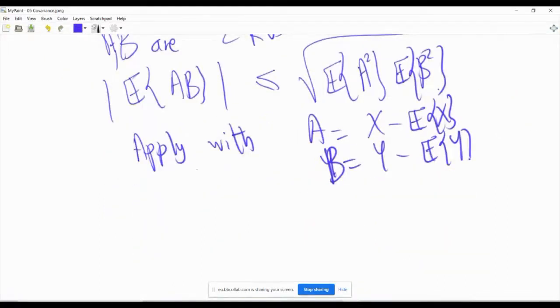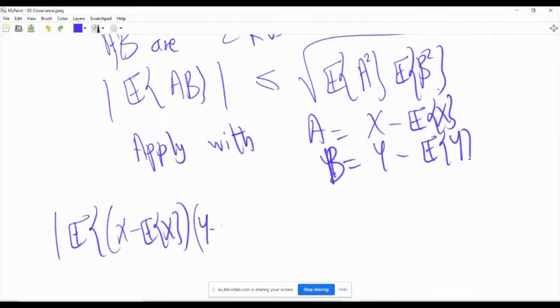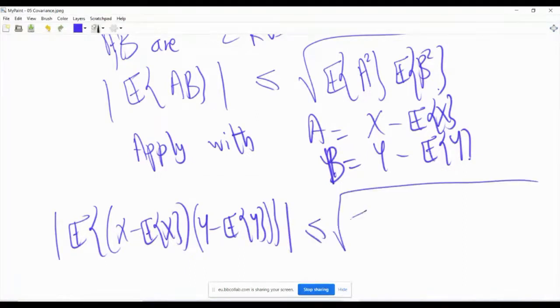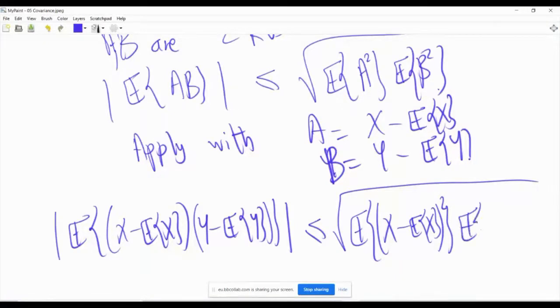Okay, so what we can do is apply this to the expectation of x minus expected x. This is my first random variable. My second random variable is this one here. According to the Cauchy-Schwarz inequality, this is less than or equal to the square root of the expectation of the square of the first and the square of the second.